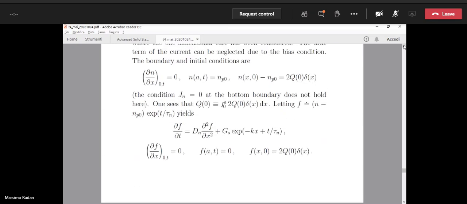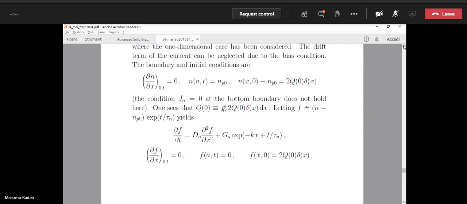We are looking for a function defined between 0 and a, in a finite interval of space. We don't have time to complete the solution because we are near the end of the hour, so I just tell you the trick. We have an equation to be solved in a finite interval, 0 to a.